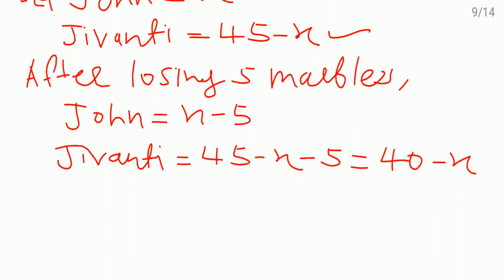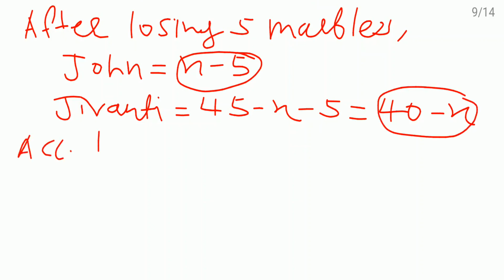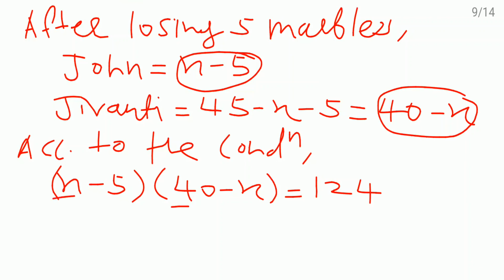Now what are they saying? Now the product of their marbles, so the product of these two numbers. Right? So according to the condition, X minus 5 into 40 minus X is equal to 124. So we'll do the product. X into 40 becomes 40X.